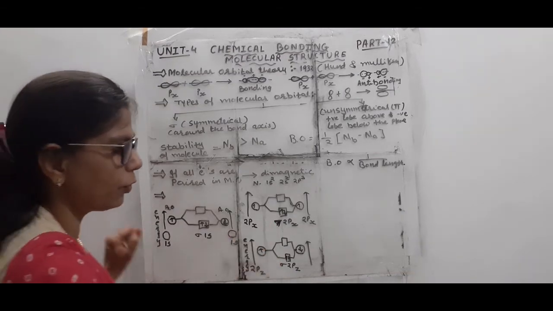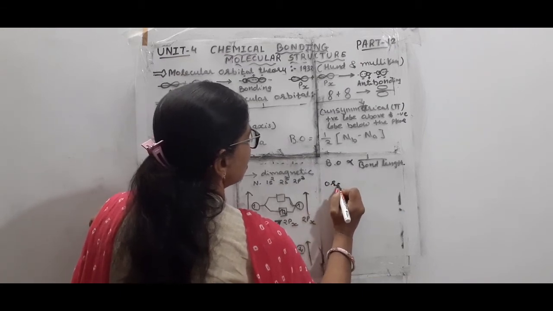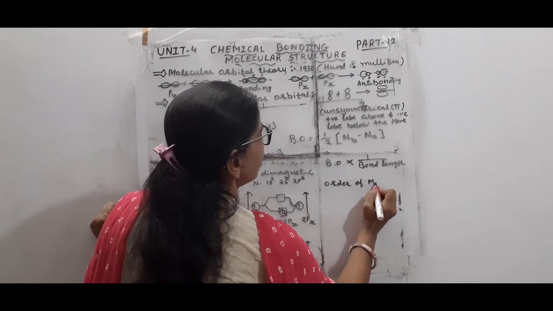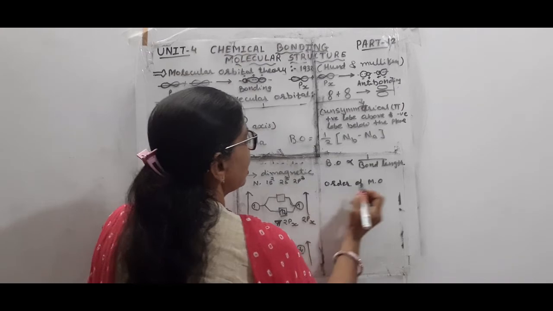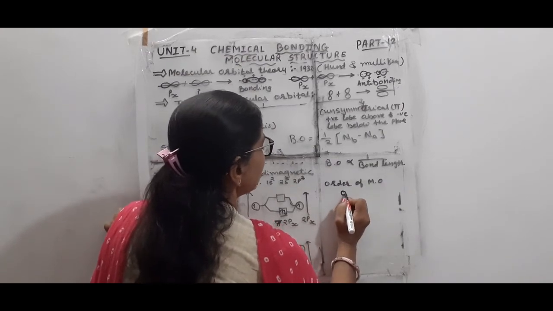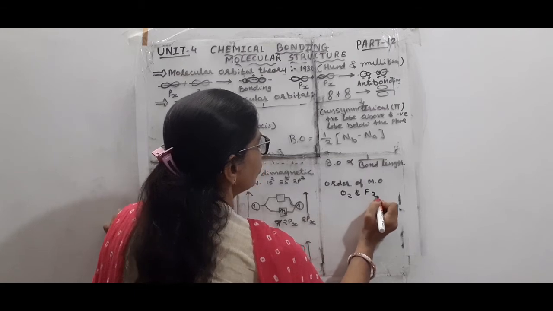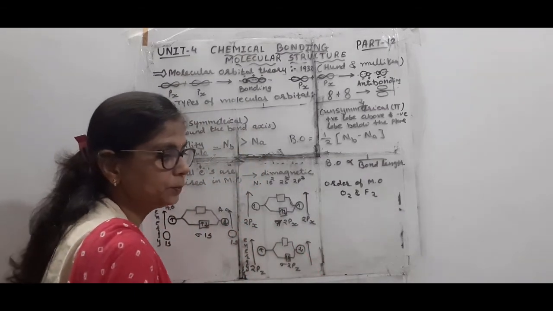So now for the order of molecular orbital energy level, अगर यहाँ हम बात करते हैं ऑक्सीजन एंड फ्लोरीन मॉलिक्यूल के लिए, O2 and F2 molecule, means the atomic number 8 and 9.